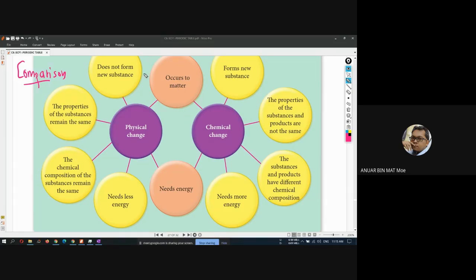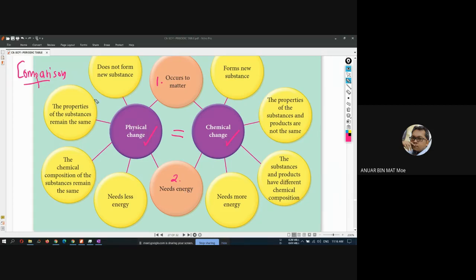First, the similarities. What are the similarities between physical change and chemical change? Number 1, it occurs to matter, and number 2, it needs energy. Can you identify the red circle in the middle, number 1 and number 2? These are the similarities between physical and chemical change.